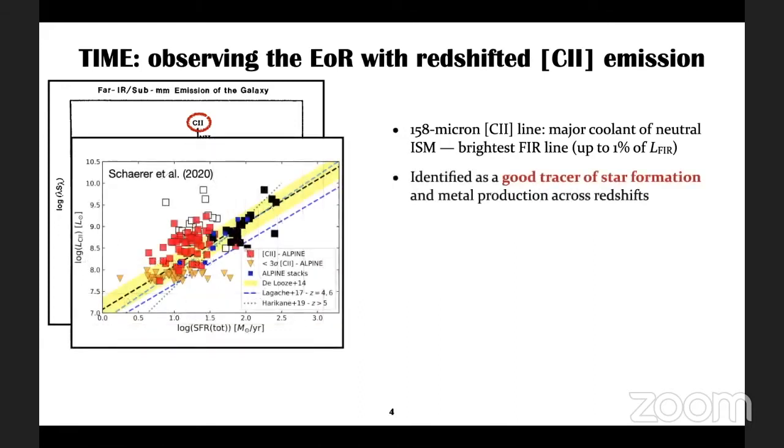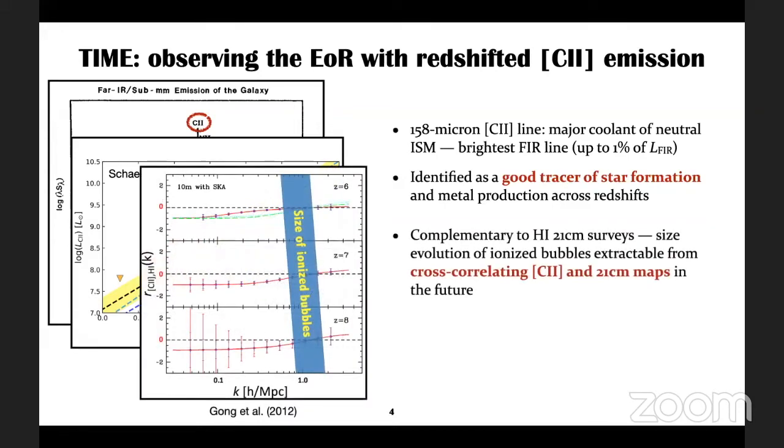Next, the [CII] line has been identified as a reliable tracer of star formation, with almost the same line luminosity versus SFR relation holding from the local universe to redshift as high as 5 or 6.